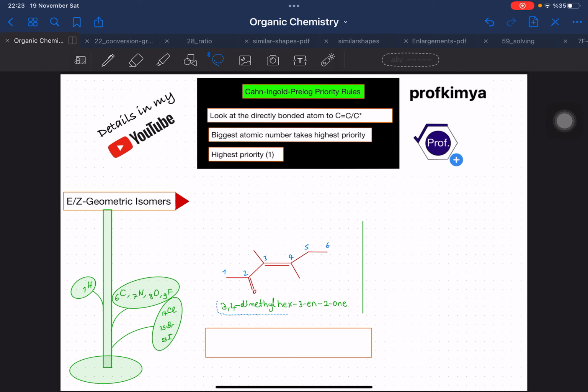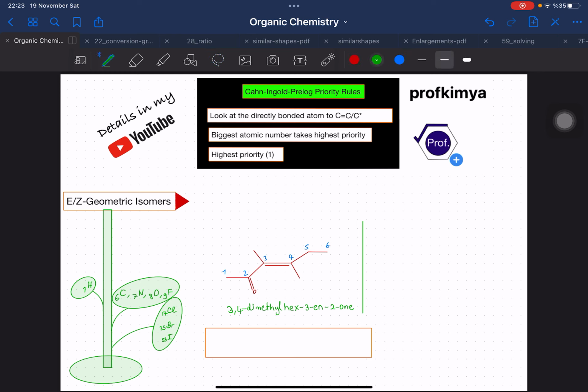Okay, this is the name of this molecule. Once we determine E or Z configuration, the naming is complete.